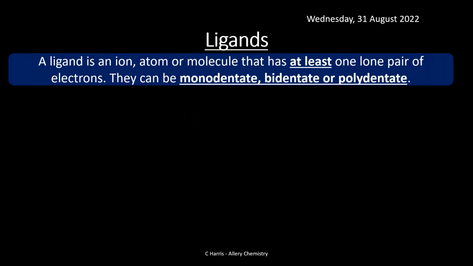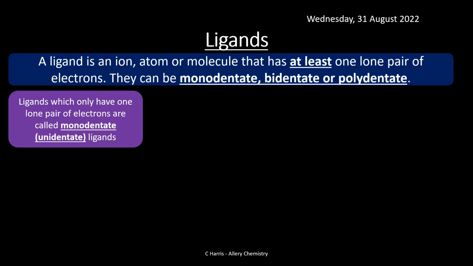Okay, so let's zoom in on that bit of a complex, and we're going to look at ligands. A ligand can be an ion, an atom or a molecule, but it must have a lone pair of electrons, at least one. Now, you can have monodentate ligands, bidentate ligands, or polydentate ligands, loads of different types.